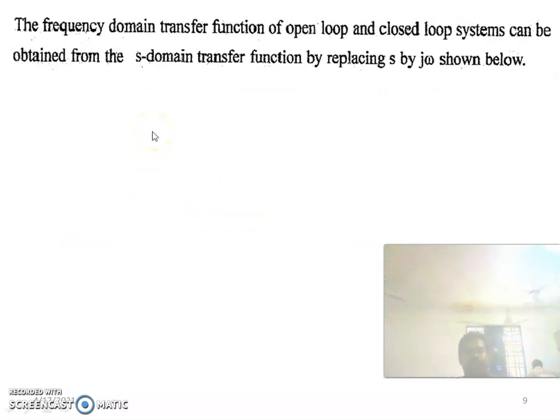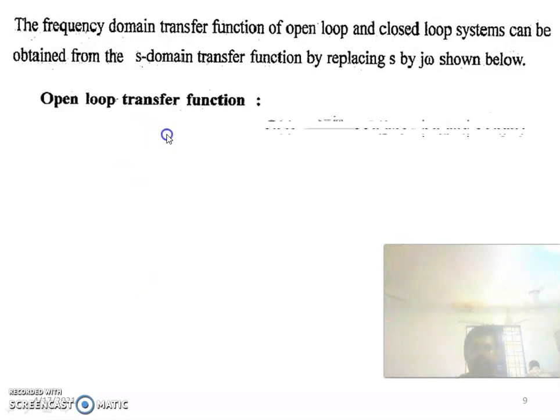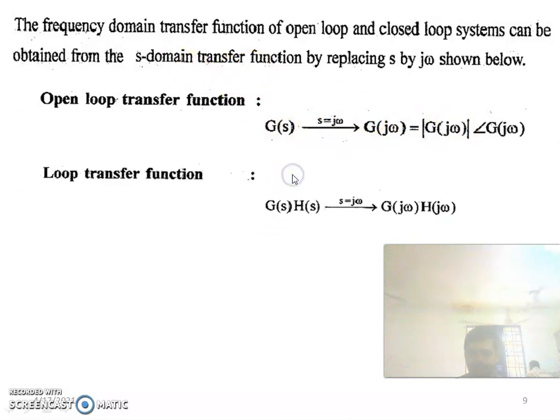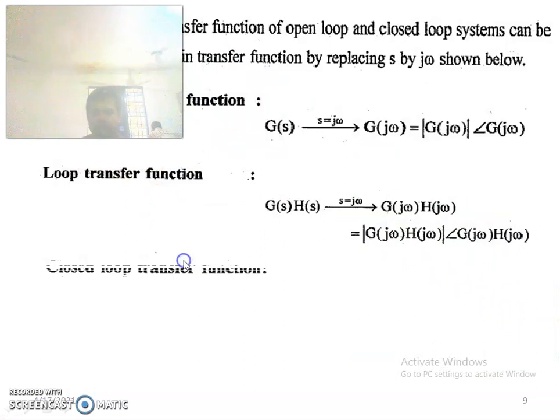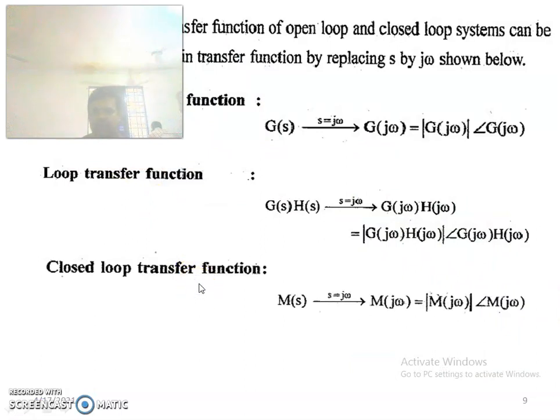The frequency domain transfer function can be obtained by replacing S by j omega. So, if you have a transfer function G of s, then if you substitute s equal to j omega, you will get the frequency domain transfer function. What is the closed loop transfer function?